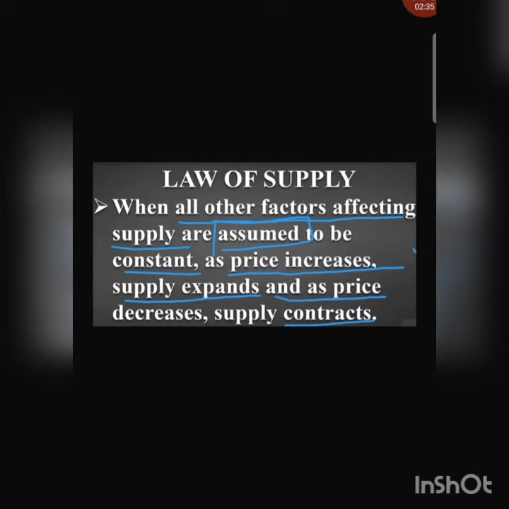So you can term it a positive relationship between price and supply, and this positive relationship is what is termed the law of supply. This is a simple one you can write down. After that we'll go with the assumptions of the law of supply.